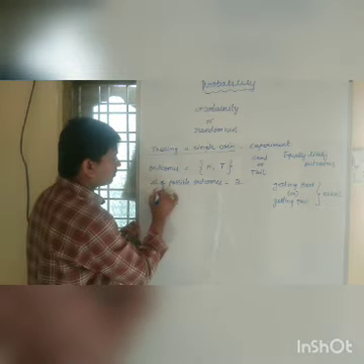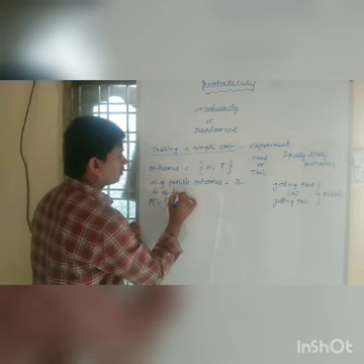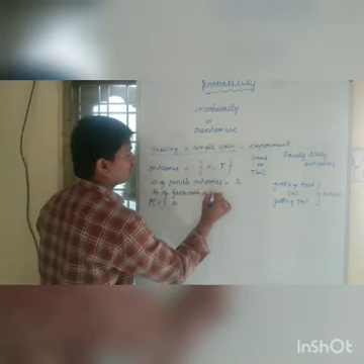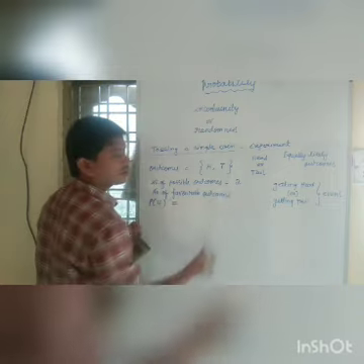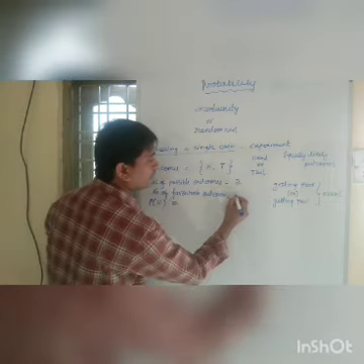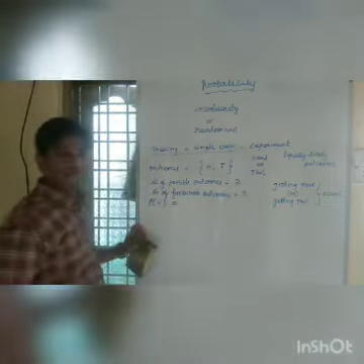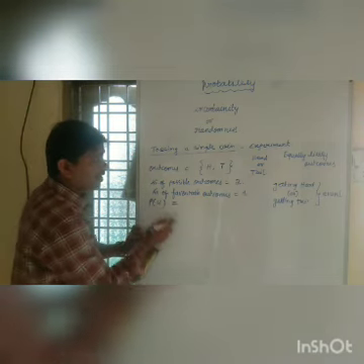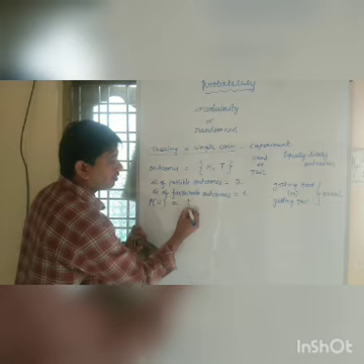Number of favorable outcomes, getting a head, you may get one time. So the probability of getting a head is 1 by 2.